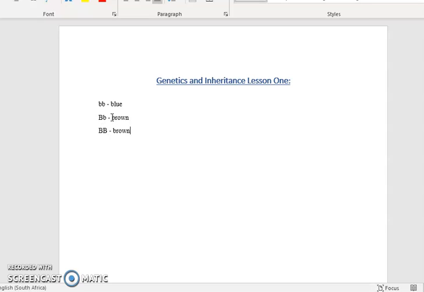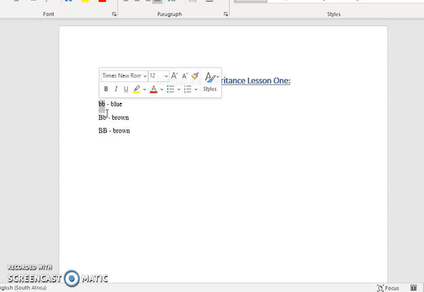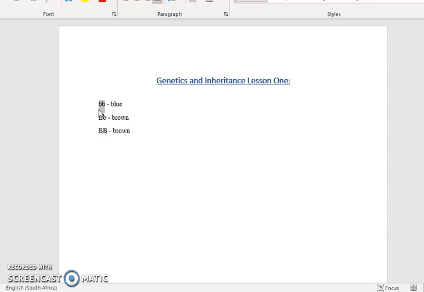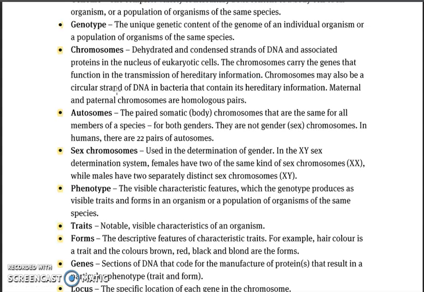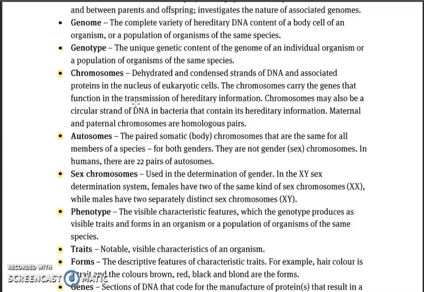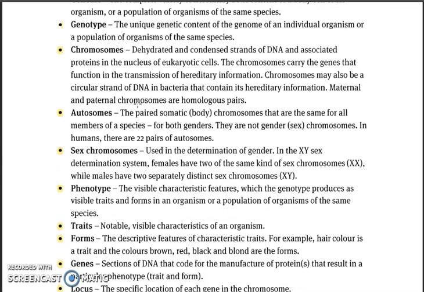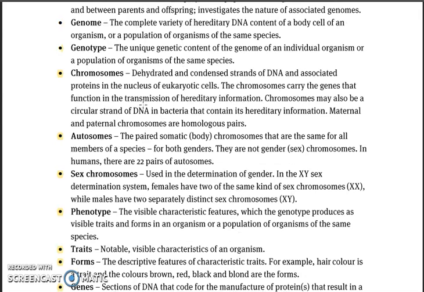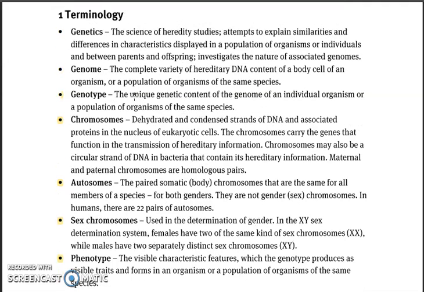So let's look at the structure of what we have written here. So a B and a B. You can see it's always two. It's either a small b and a small b, a capital B and a small b, or two capital Bs. The reason why there's only two of these alphabets, we call these alphabets alleles. So let's look more at this. What is an allele? But before we get to know what an allele is, it's important to know what a genome is.